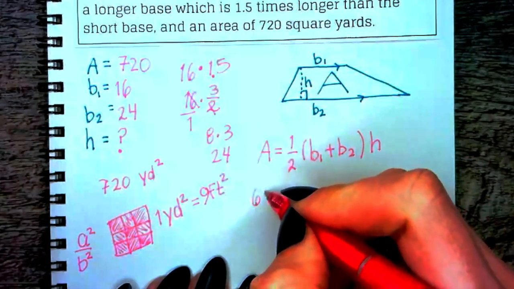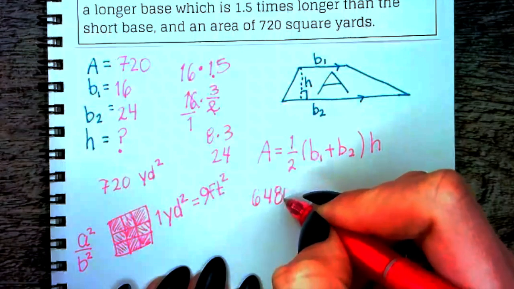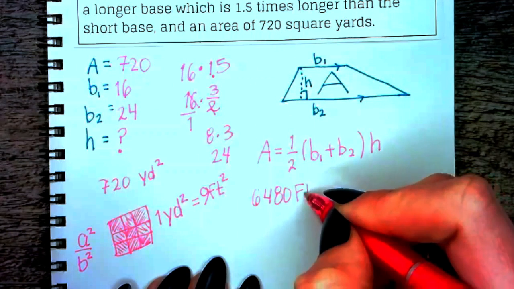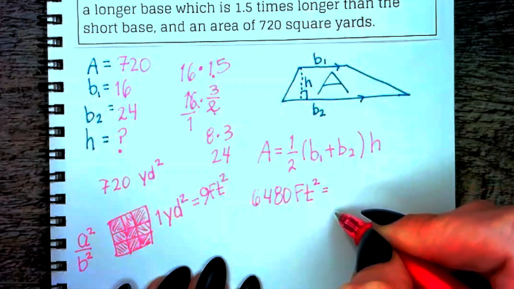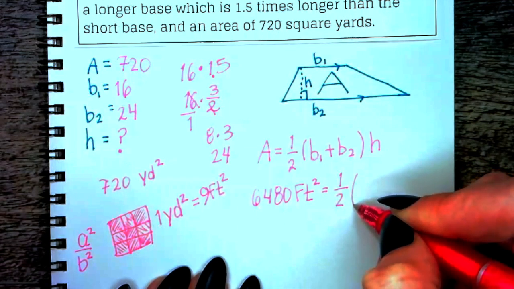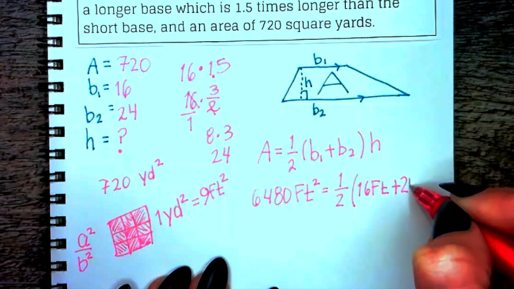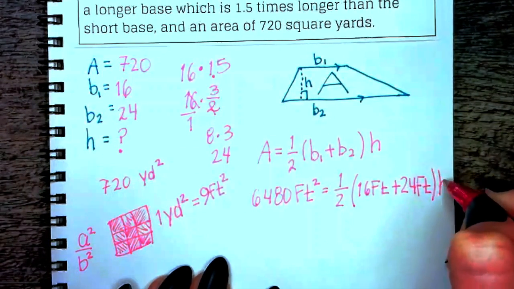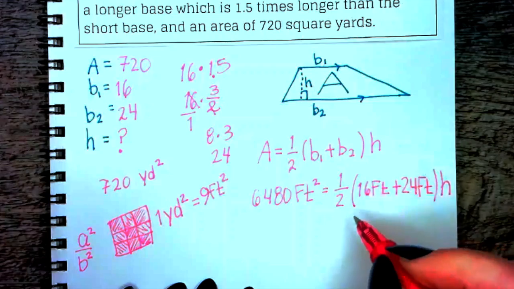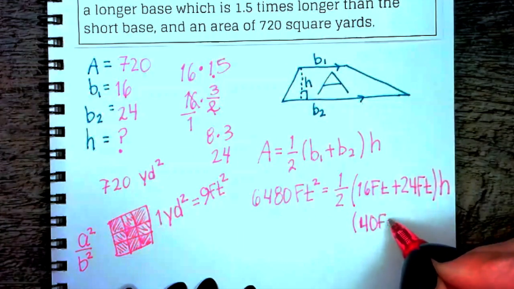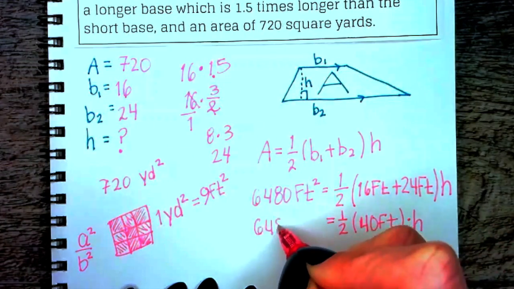720 square yards would therefore be equal to 6,480 square feet. And that equals 1/2 of 16 feet plus 24 feet times height. 16 plus 24 is 40 feet. 1/2 of 40 is 20.